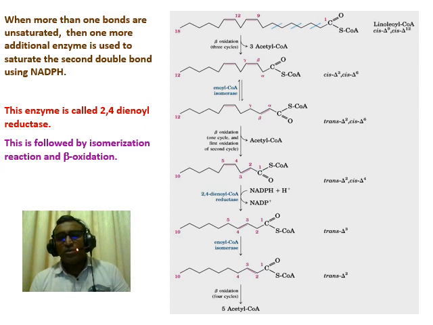Then you also have another enzyme, 2,4-dienoyl-CoA reductase, doing some changes to the intermediate by using the reducing power of NADPH. This NADPH we get from the pentose phosphate pathway.